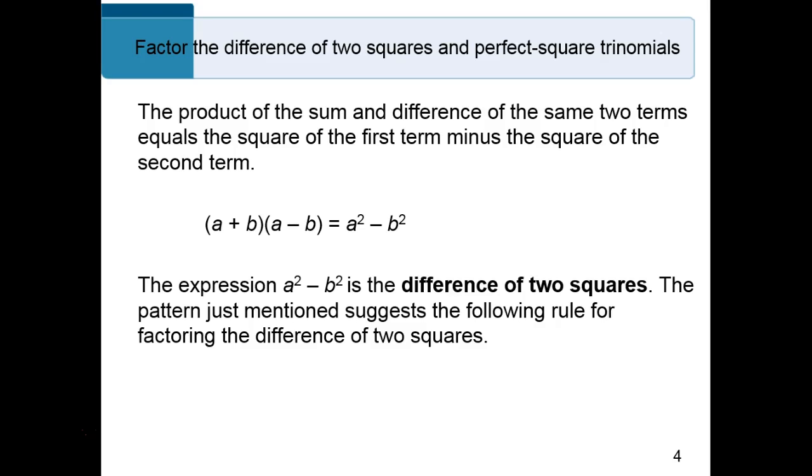Review time. How does that multiply? Anyone remember? FOIL it. A times A is A squared. Next, A times B, the middles or the outers?